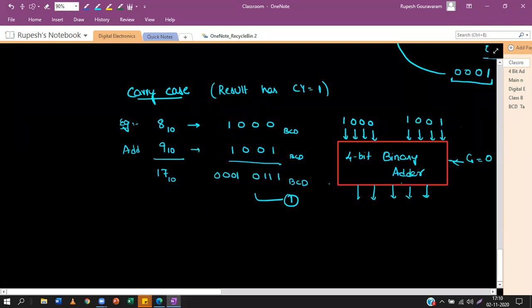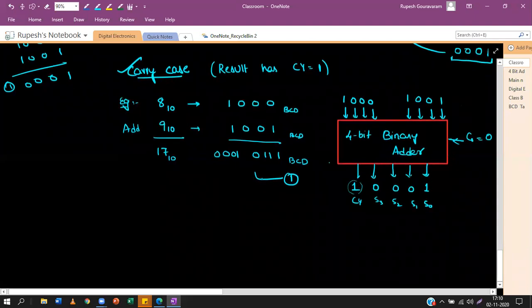Let us add 1000 plus 1001. 0 plus 1 is 1, 0, 0. 1 plus 1 is 0, carry is 1. So what will you get? 1, 0, 0, 0, 1. So S3, S2, S1, S0 we got, and the carry here is 1. This readily represents that the carry output of the binary adder is 1. That we say is the carry case.